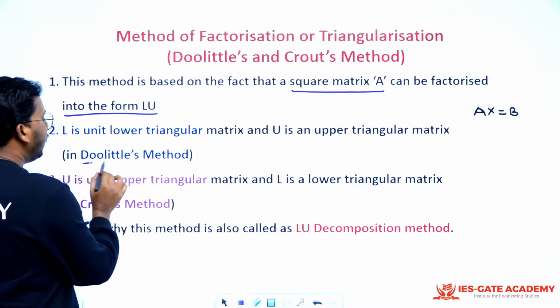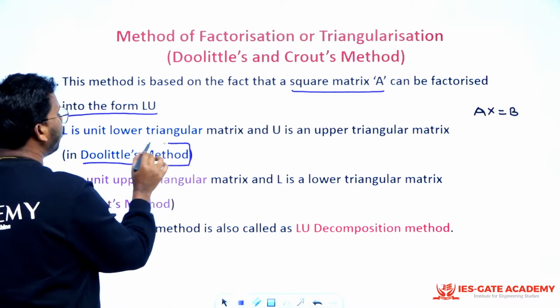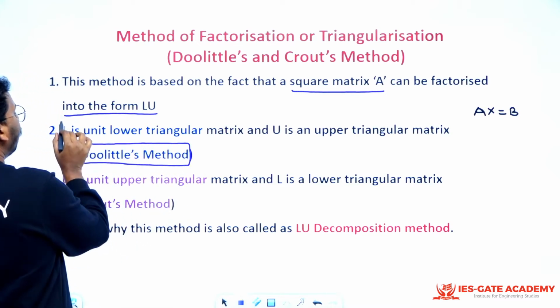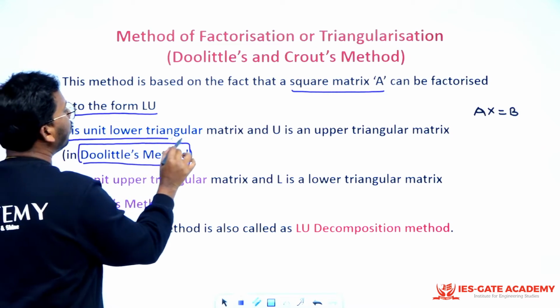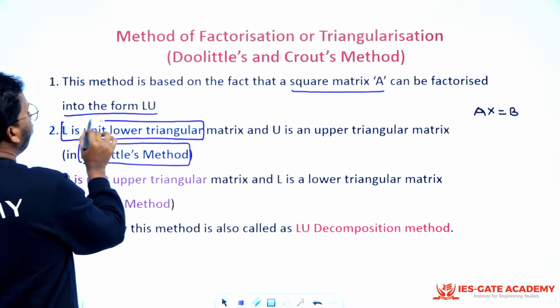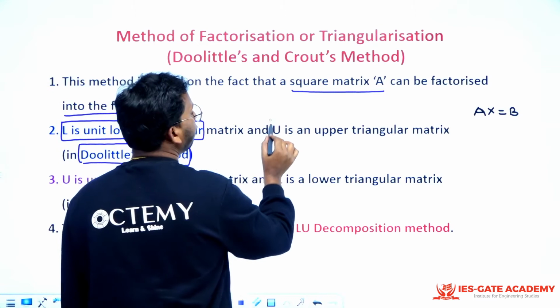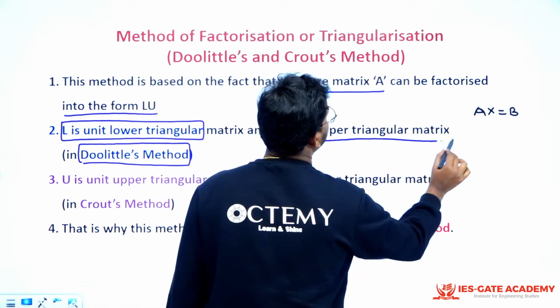If we are using Doolittle's method, then L will be a unit lower triangular matrix, and U will be a simple upper triangular matrix.